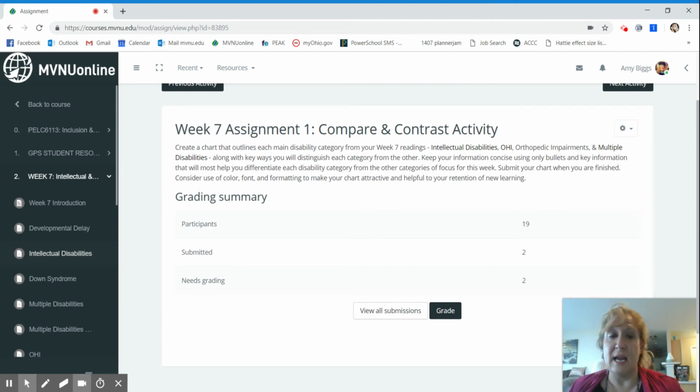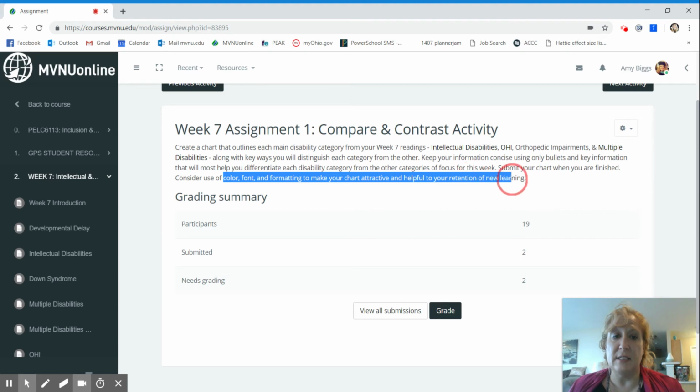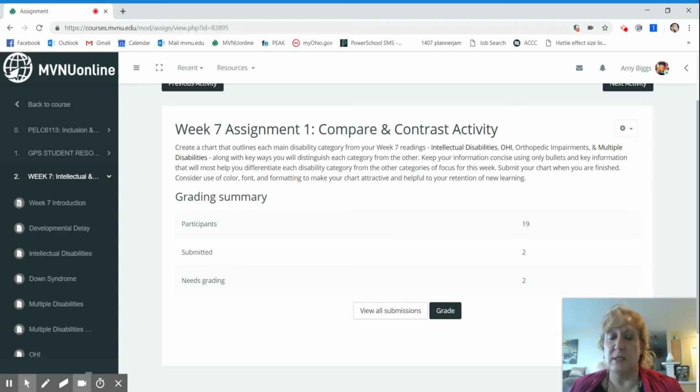So compare and contrast, differentiate, synthesize this information, use bullets, submit your chart when you're finished. Remember color, font, formatting, make your chart attractive to help you retain that new learning, and also to understand that when you're working with your students, it's important to make sure that things look nice.